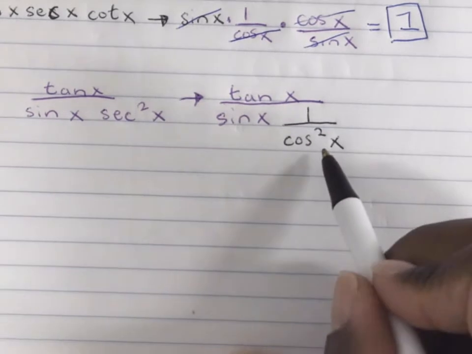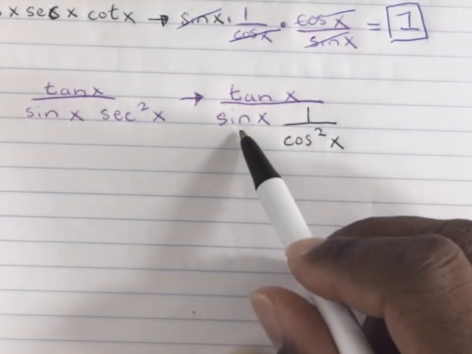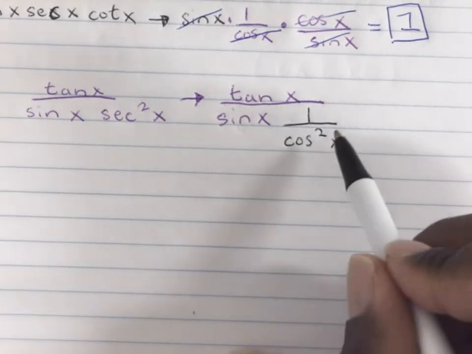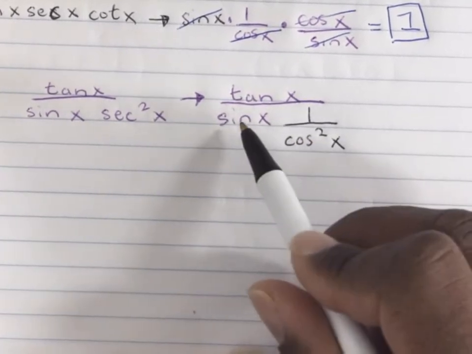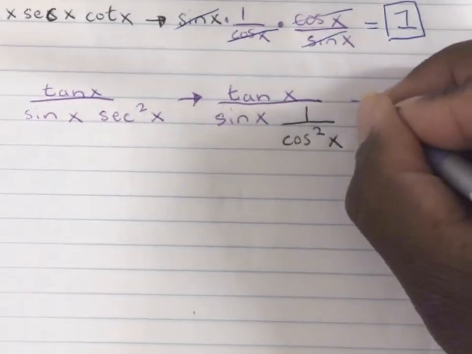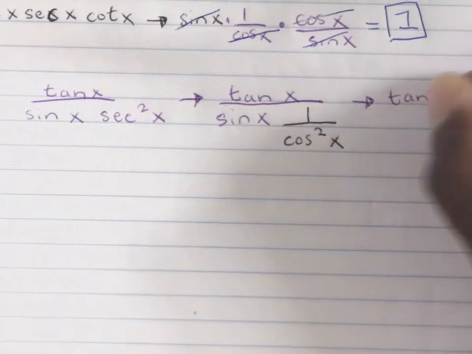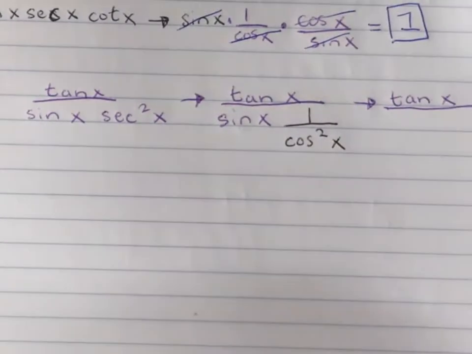All right? And then if I take one of these cosines and put it under sine, in other words, since this is cosine squared, it's really cosine times cosine, that would give me tangent. So let me write that out. I have divided by tangent.